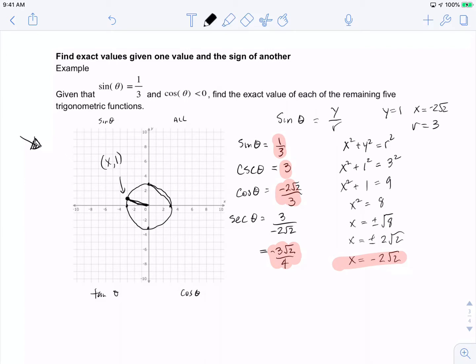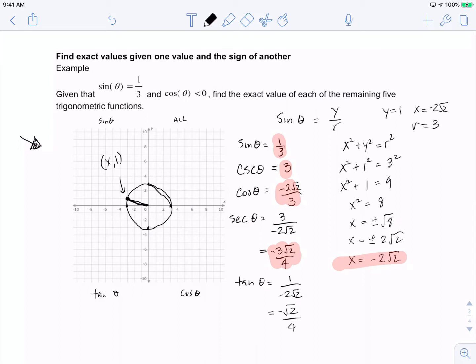Now we have that. Let's go after tangent. Tangent theta is equal to y over x. So y is 1, and x is negative 2 radical 2. Again, we simplify by multiplying top and bottom by radical 2. So I'm going to get radical 2 over 4, and then we have to have our negative sign.